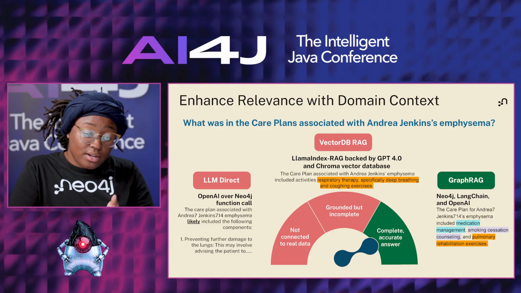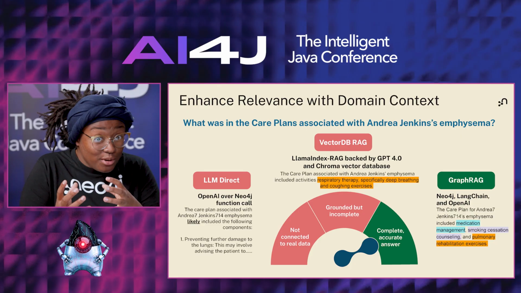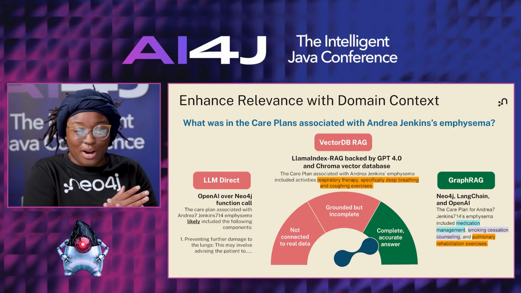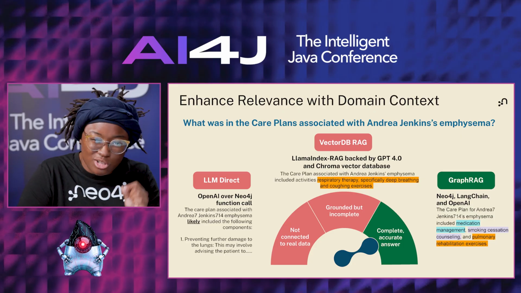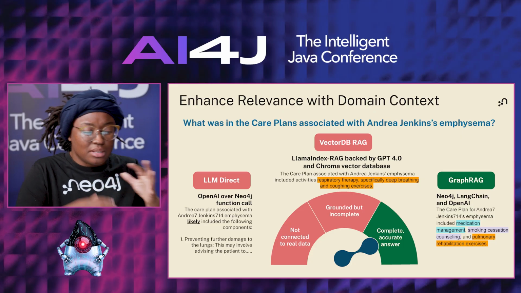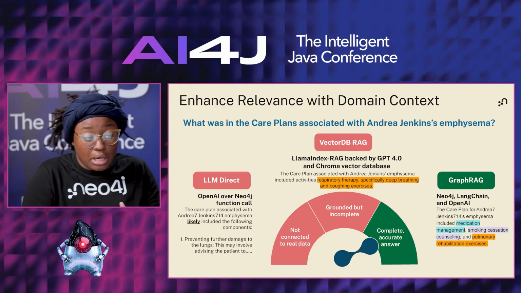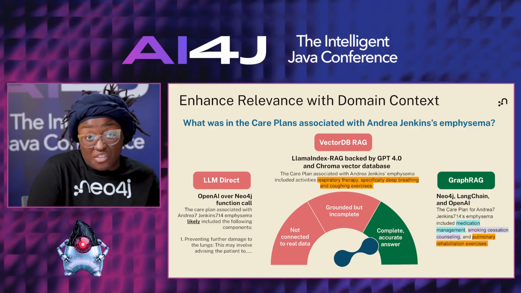But then a vector-based pipeline, which is better than just a direct call to an LLM, is going to give some more grounded info, right? But it's also incomplete, right? It's going to tell us maybe some respiratory history, specifically some deep breathing and coughing exercises.